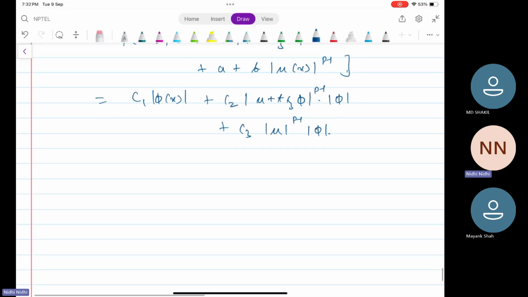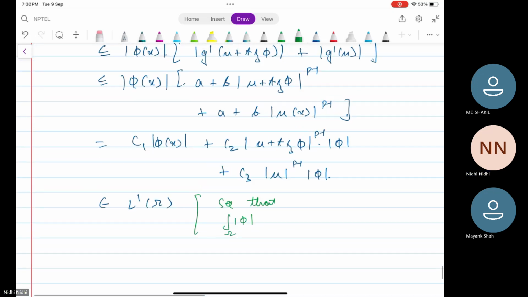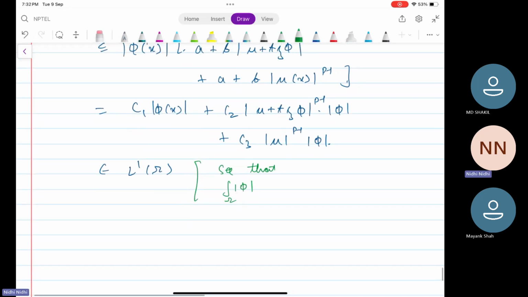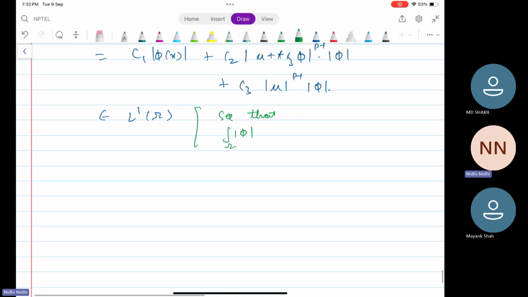I want you to check yourself that this belongs to L1(Ω). That is, see that the integral is clearly finite, because here you can use Hölder's inequality.